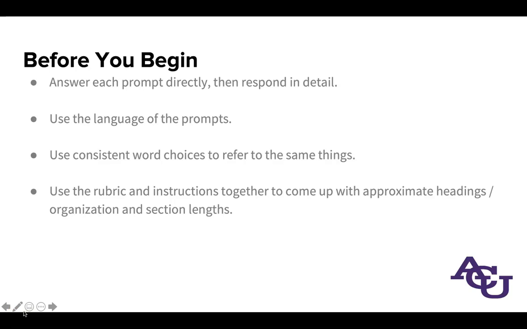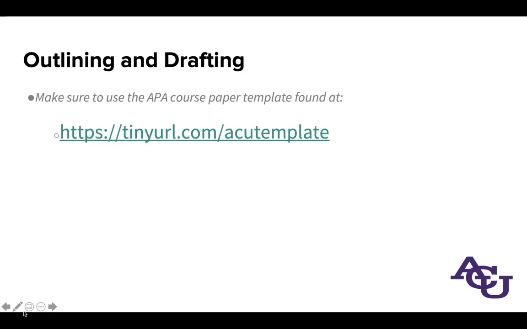Make sure that you use the rubric and instructions together to come up with appropriate headings and level of organization and section lengths. And in this particular assignment, I would add that I recommend you interpret suggestions made in the instructions as requirements, as things that you should make sure you put in to get full credit.